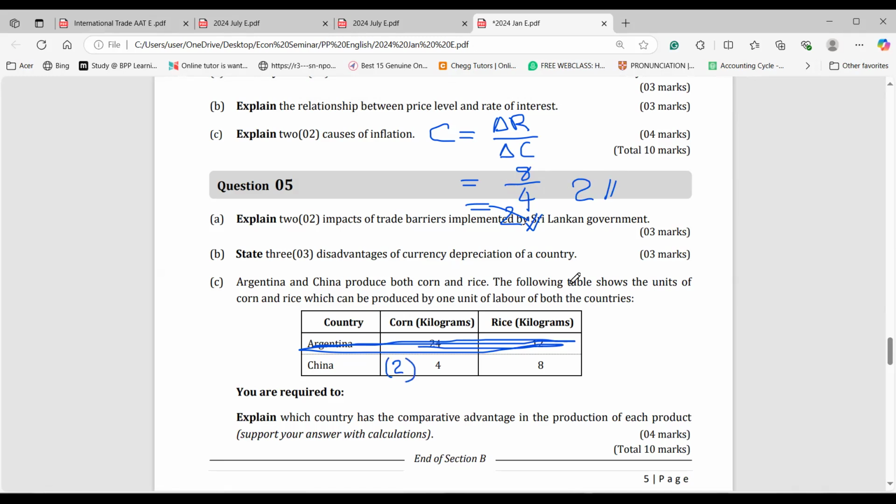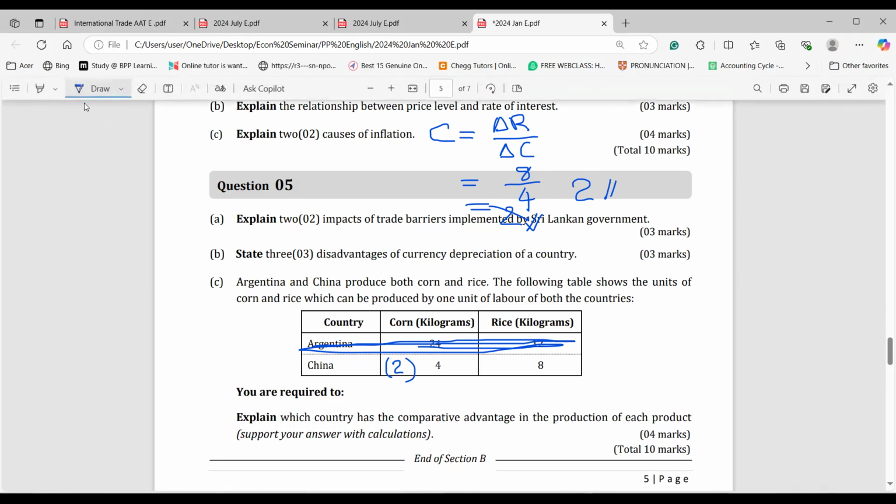Opportunity cost of rice, other way around. How do you calculate? Rice: you sacrifice C, increase R. Then opposite of that, other way around. 4 divided by 8, then your answer is half, 0.5.